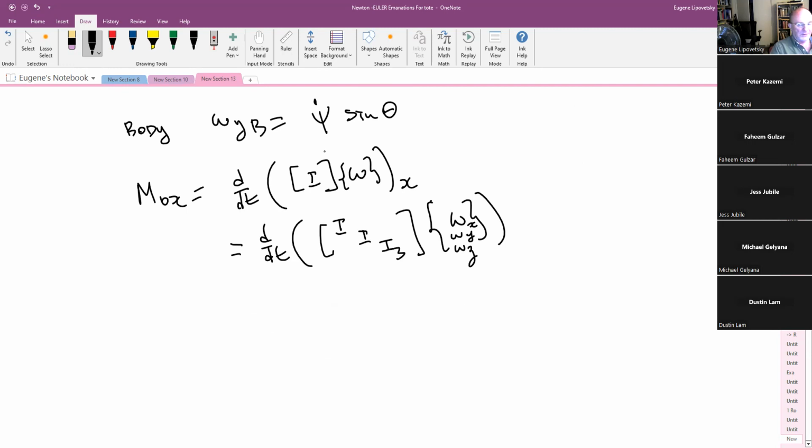And this is omega z plus psi dot, omega z equals to psi dot cos theta. So this is the omega z that we talked about, plus phi dot, this proper rotation.